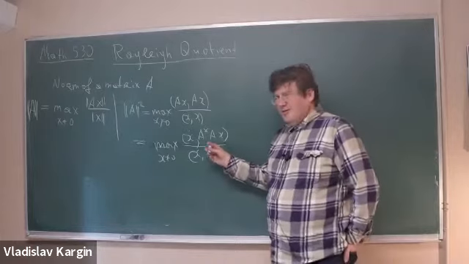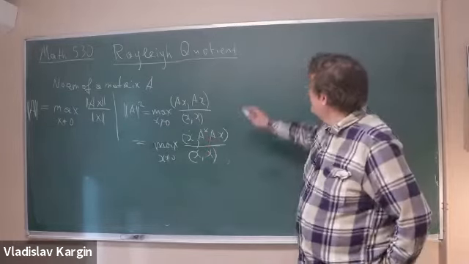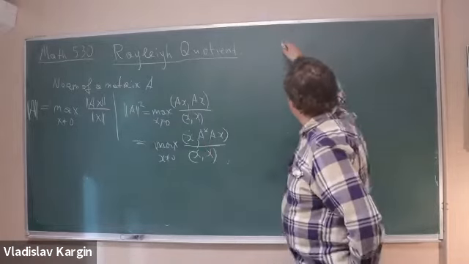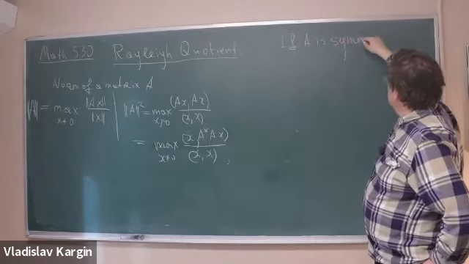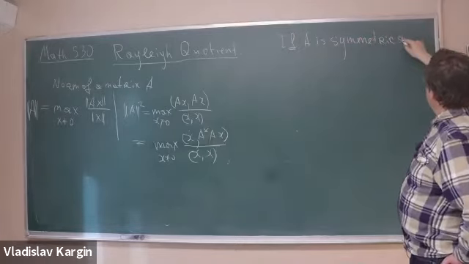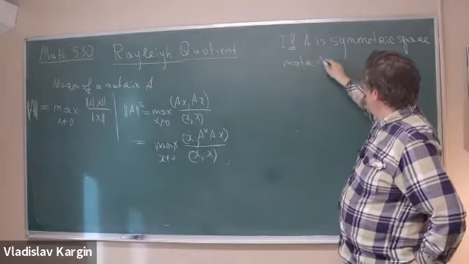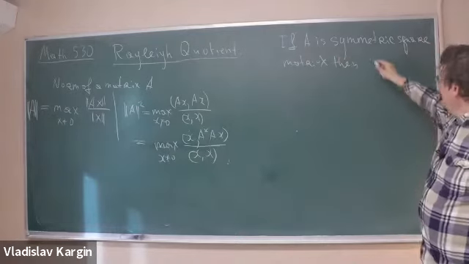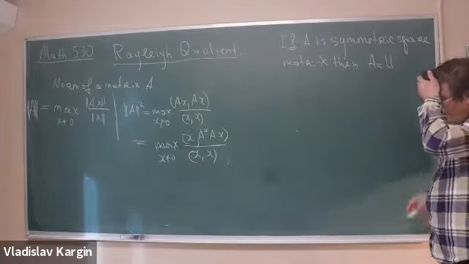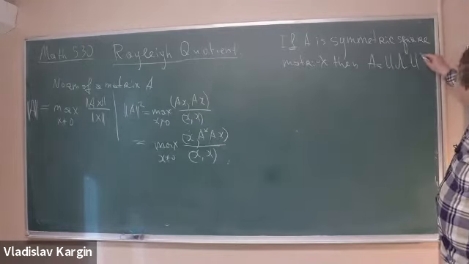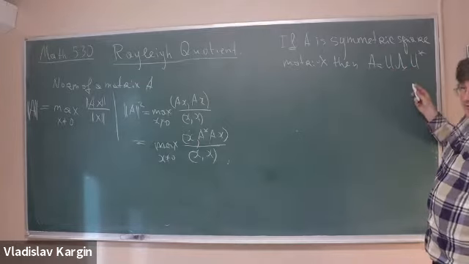After that we somehow relate it to the largest singular value. But if the matrix A is a symmetric square matrix, then you can also write that A is equal to U lambda U star, where U is orthogonal and lambda is diagonal with the eigenvalues on the main diagonal.